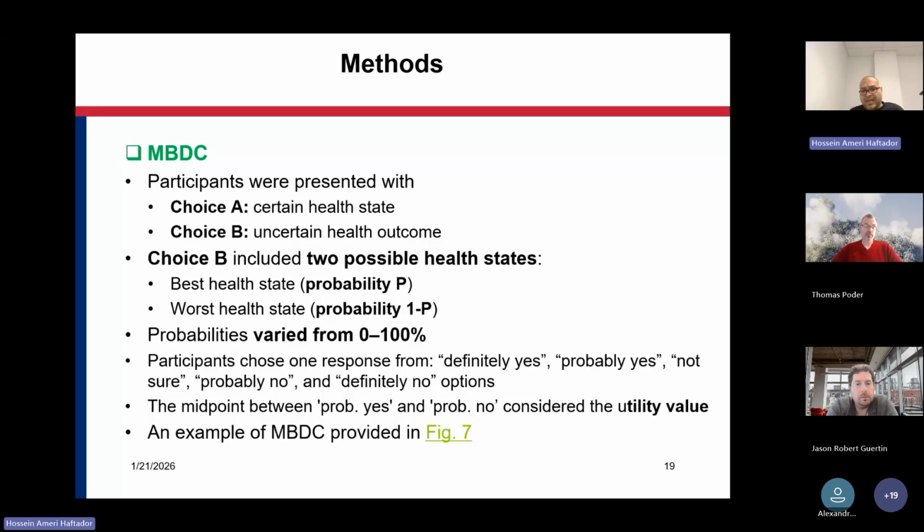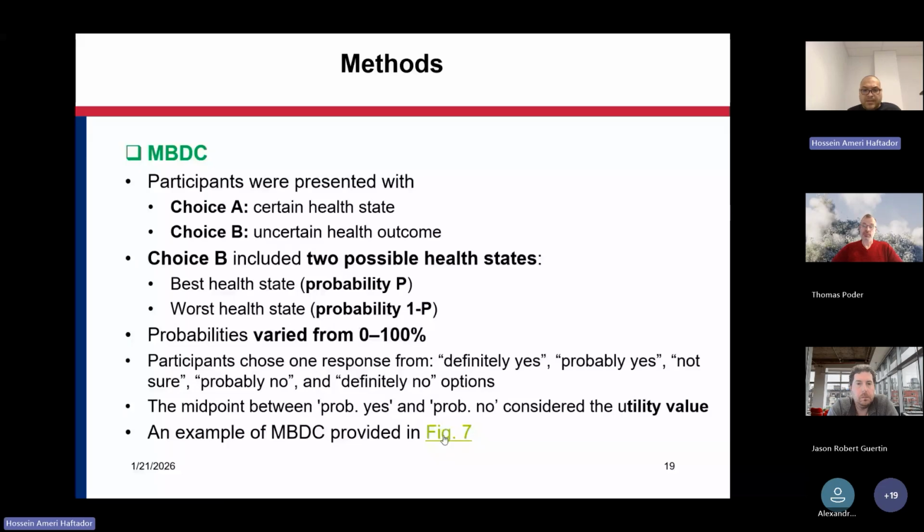Participants choose one answer on a 5-point scale between definitely yes and definitely no. The midpoint between probability yes and probability no was the utility value.